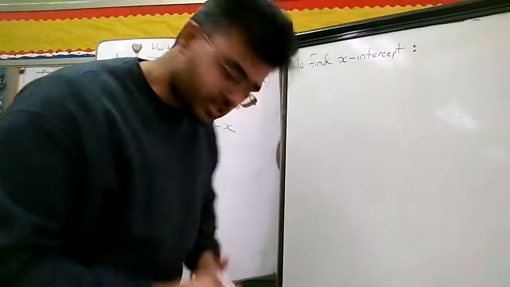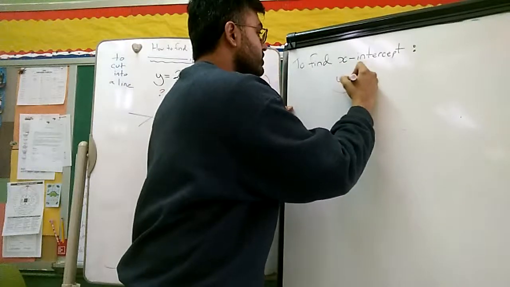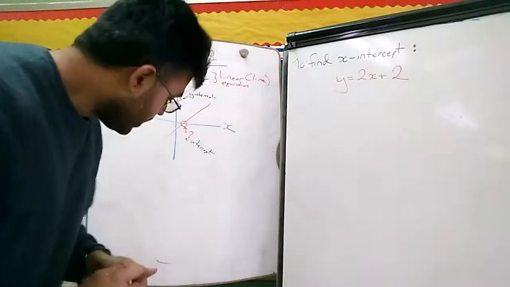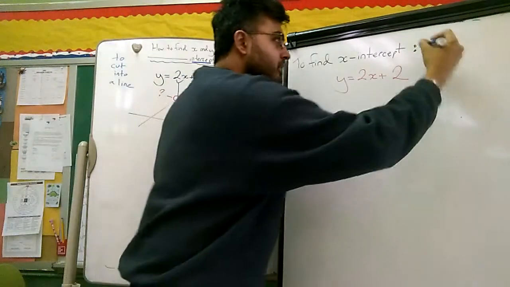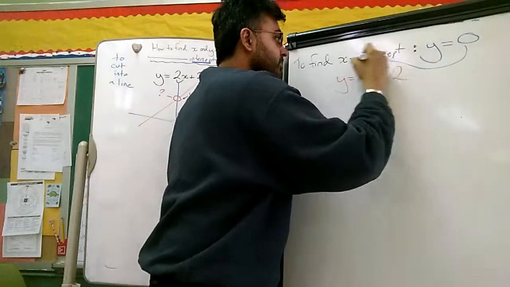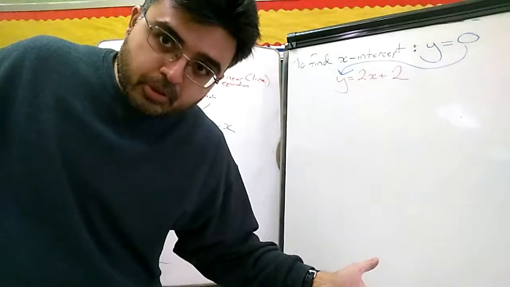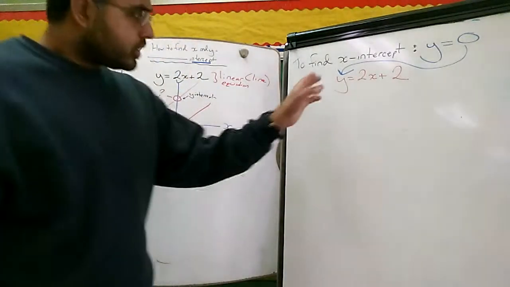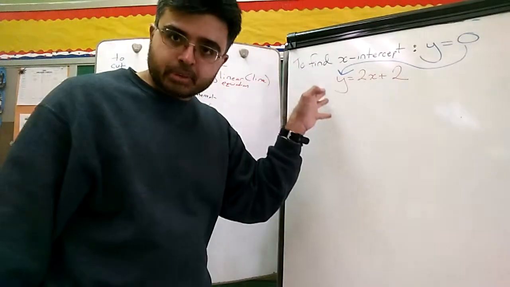To find the x-intercept of y equals 2x plus 2, all you have to do is make y equals 0 and plug it in. And solve for x. Simple, basic algebra. Now, y equals 2x plus 2. I can go ahead and plug it in and solve.